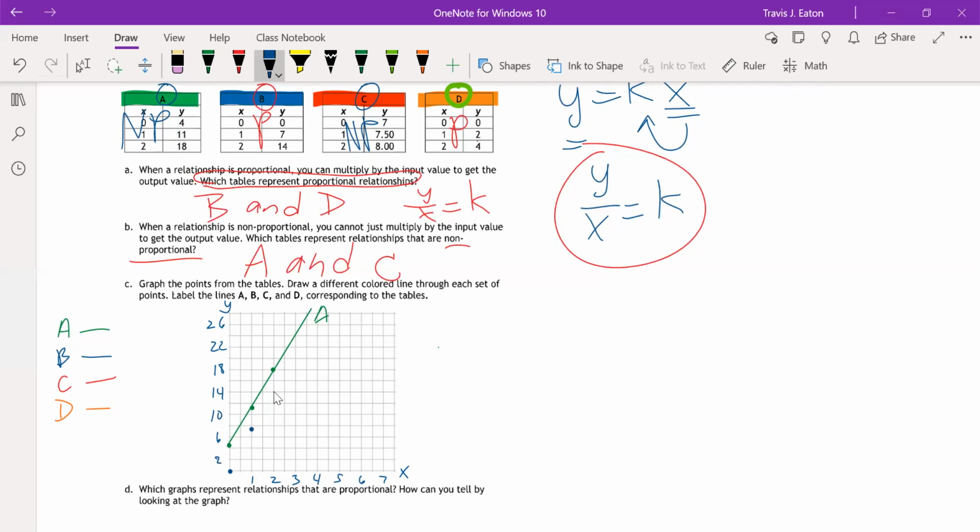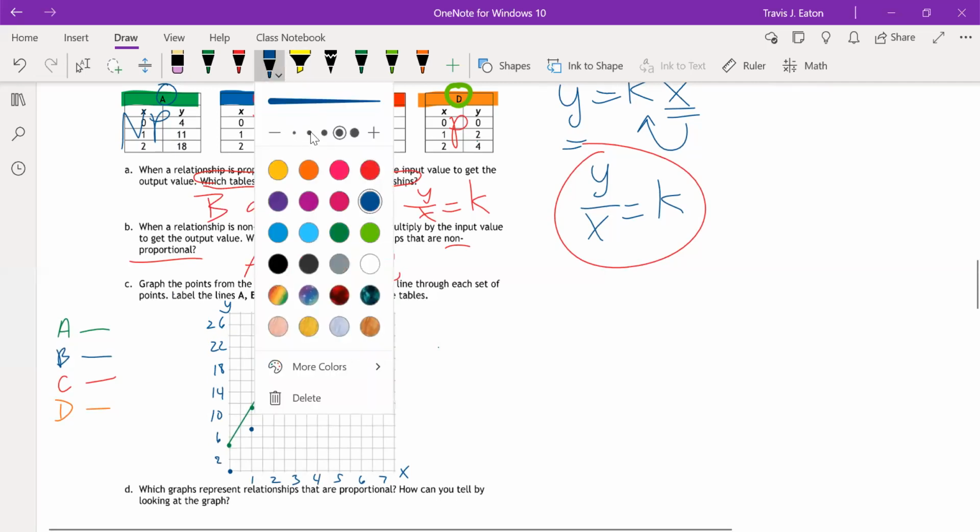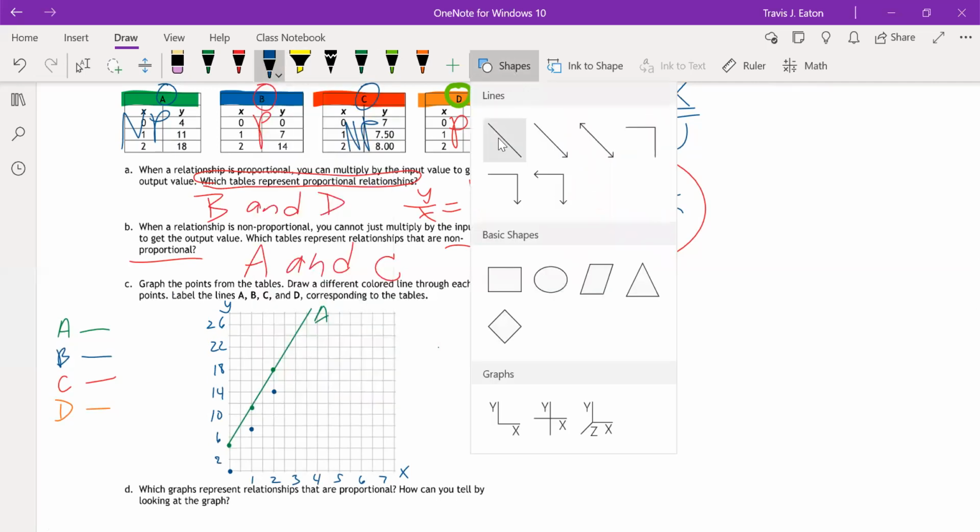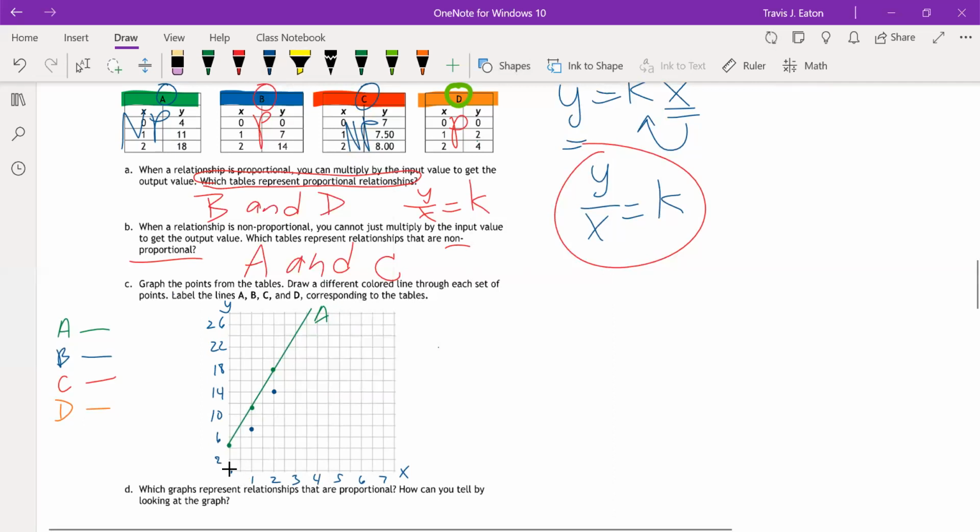Okay. Now I'll draw my line through them using my shapes. Here we go. Okay. That is B.